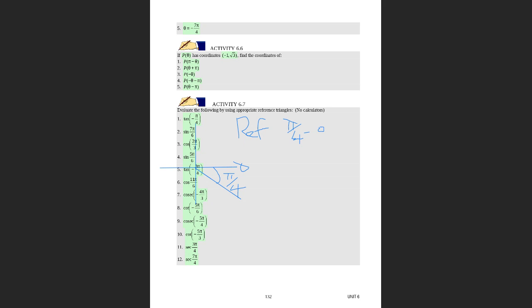Let's remember here is 0, pi over 2, pi, 3 pi over 2, and 2 pi. So it's going to pass pi over 4.